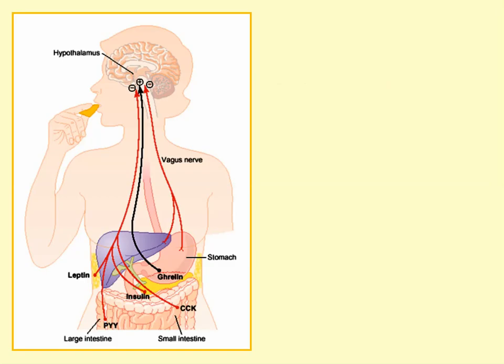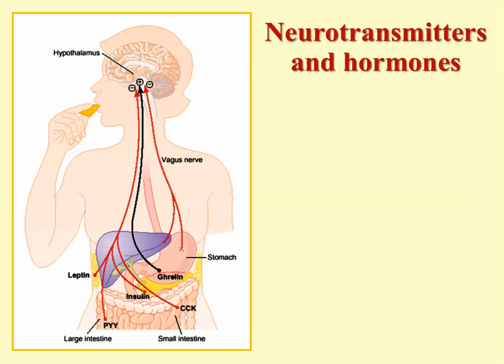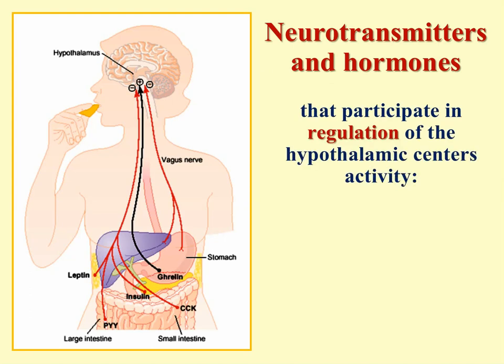Normally, regulation of eating behavior is performed by nervous factors and numerous neurotransmitters and hormones. Let's consider these hormones and neurotransmitters which are involved in the regulation of hypothalamic center activity. First, cholecystokinin.